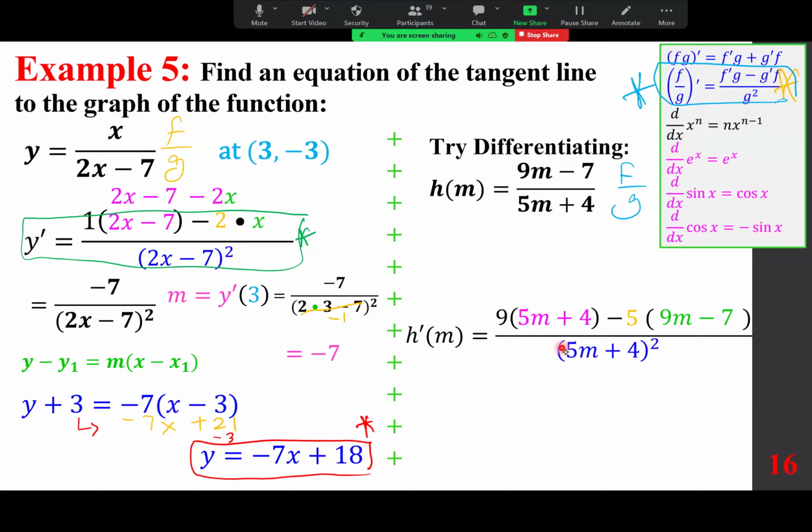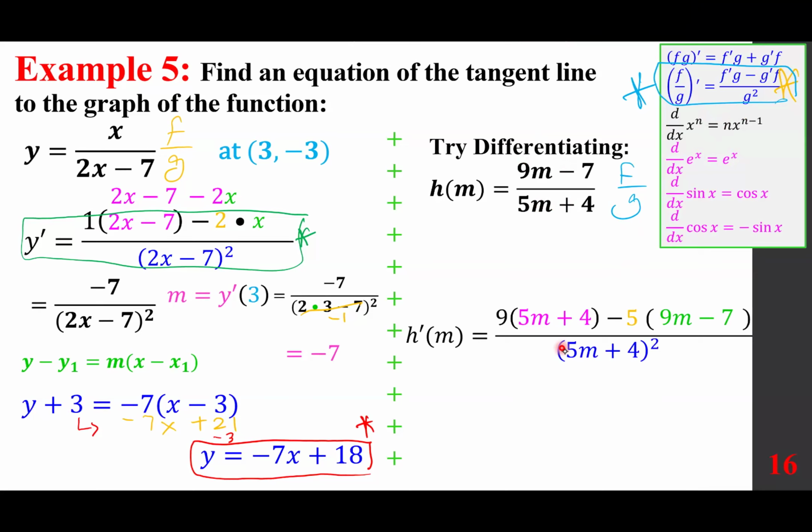Done with calculus? Okay, done with calculus. And all we have to do is simplify using our algebraic techniques, everybody. So that means we're going to distribute.